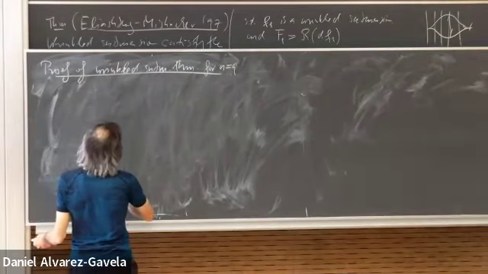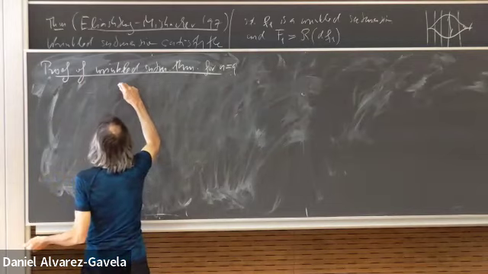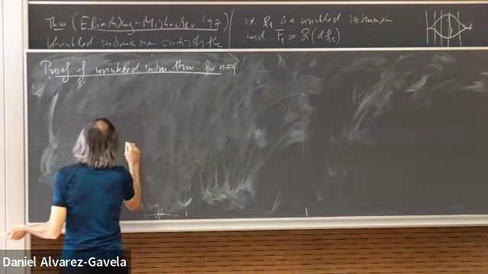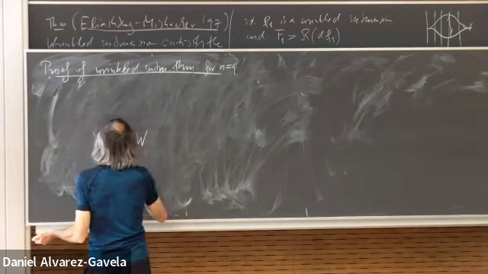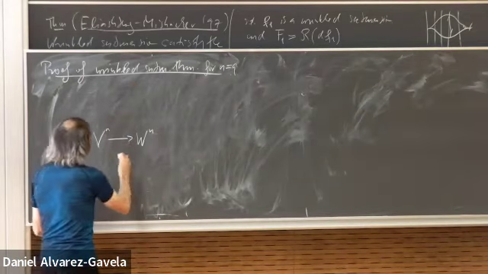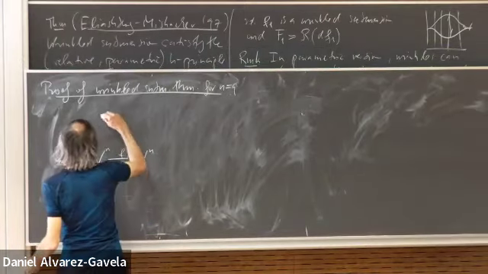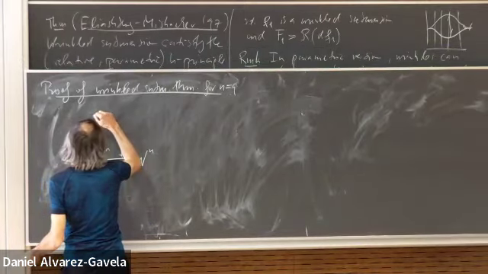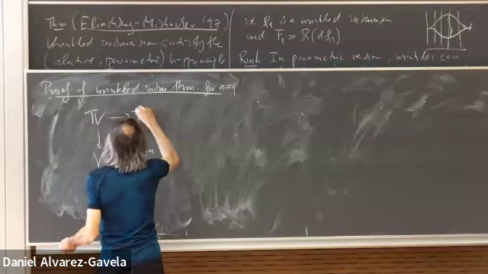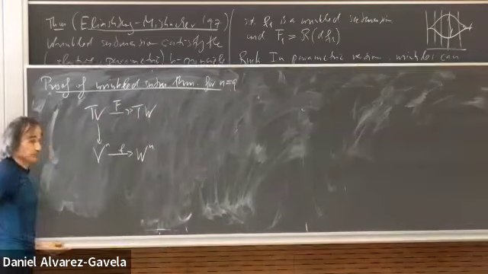We are given some map F, but now they're of the same dimension, and it's covered by a epimorphism.